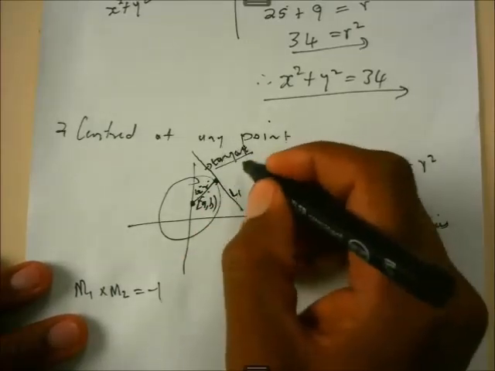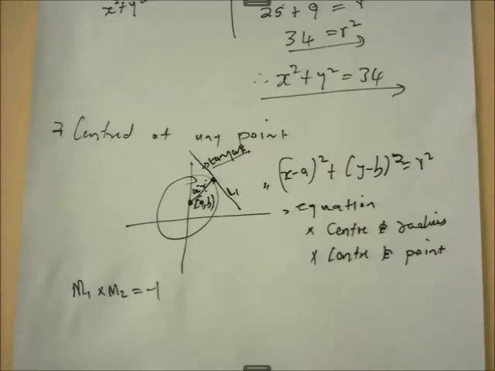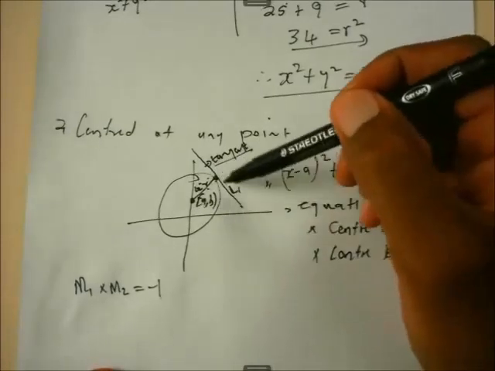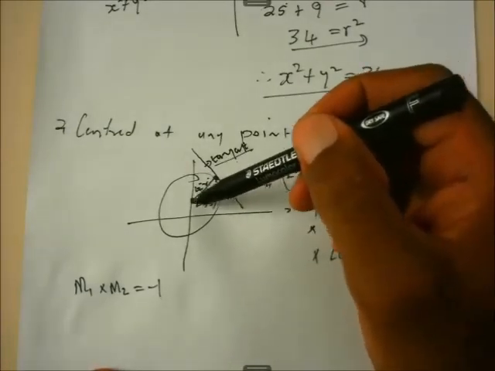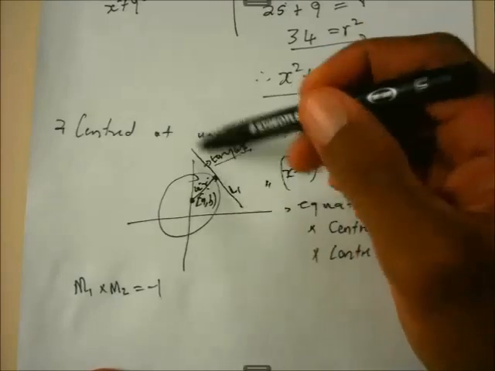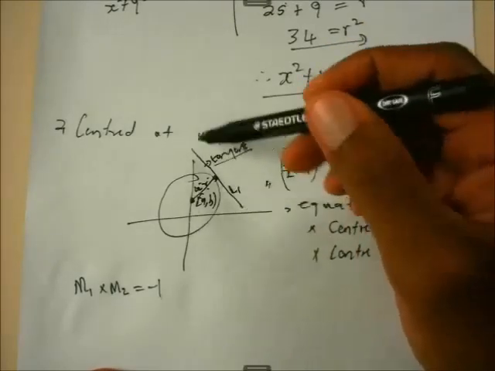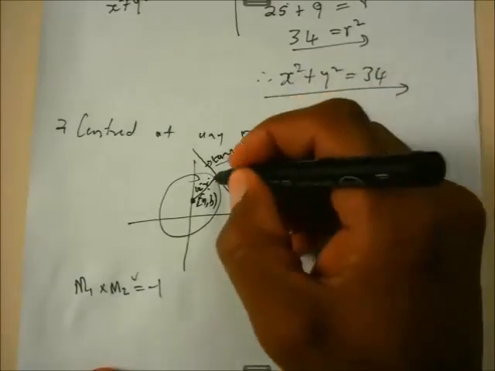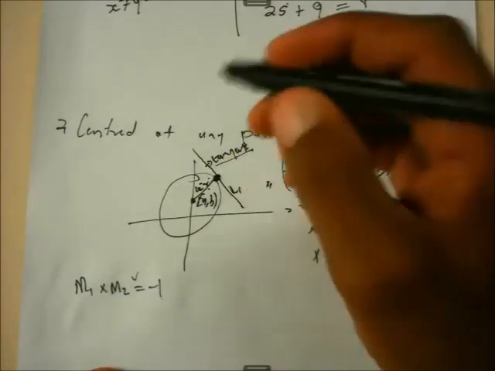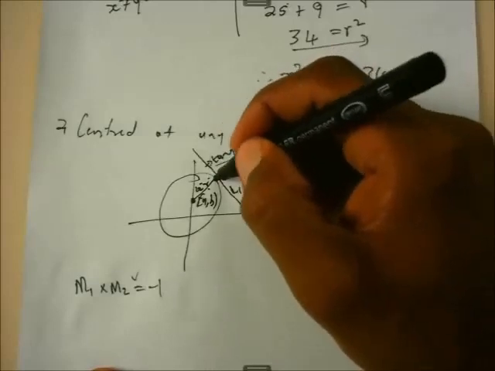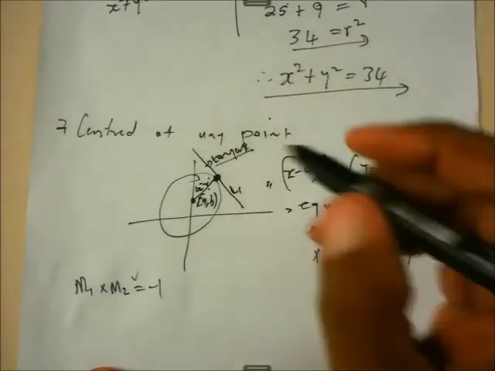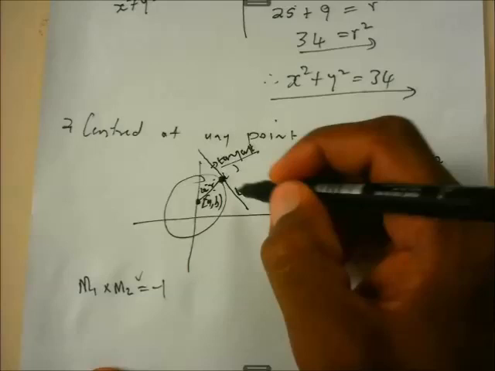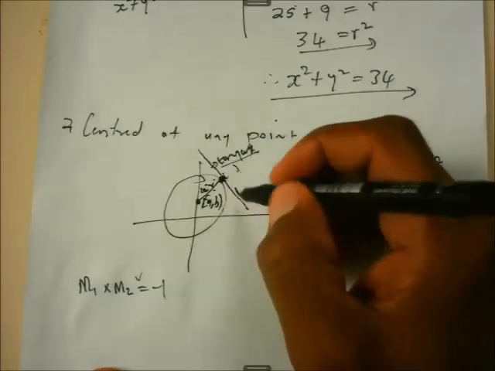Therefore, if we can have the gradient of the radius, then it will be easier for us to find the gradient of the tangent. Why do we need this one? Because you'll remember that most of the time the tangent touches the circle only at one point. Therefore, if you have only this point here, it won't be easy for you to determine the gradient of the tangent.